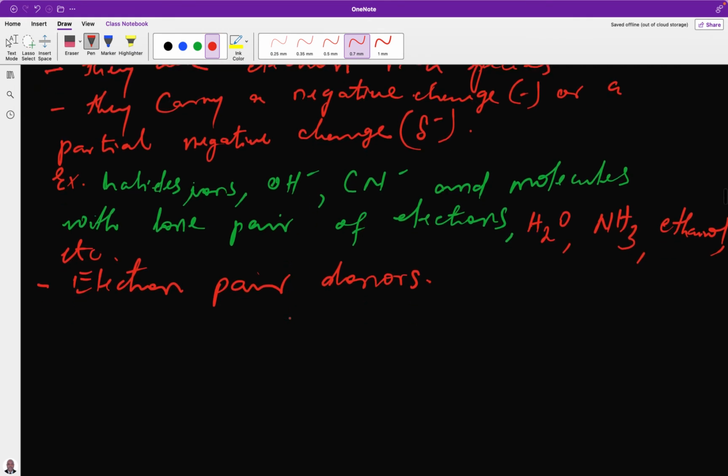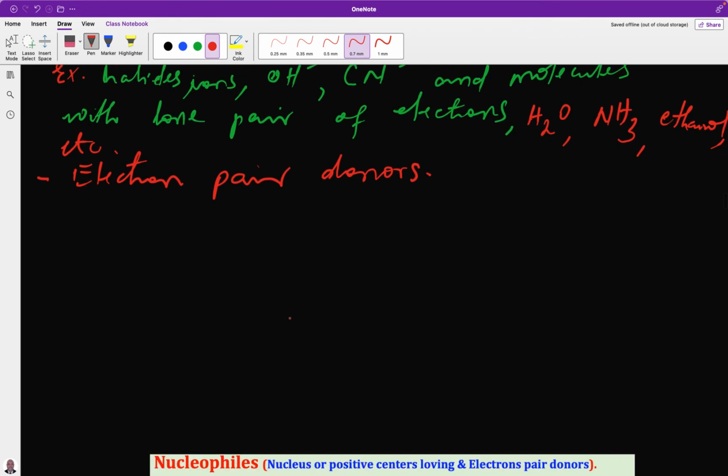Let me give an example so that you can understand better. This is the nucleophile here.